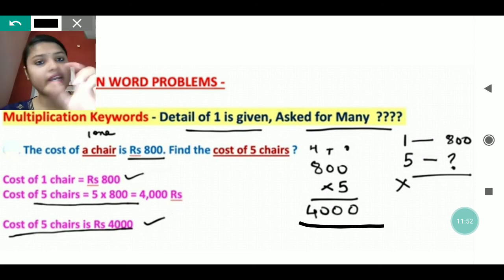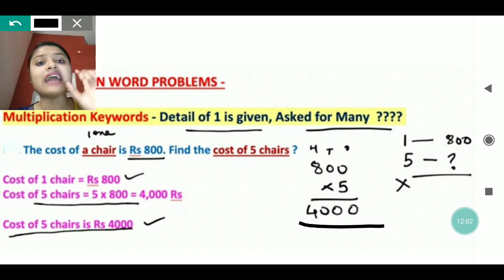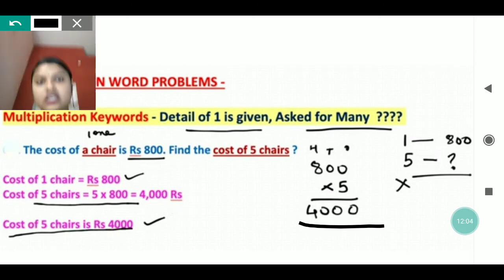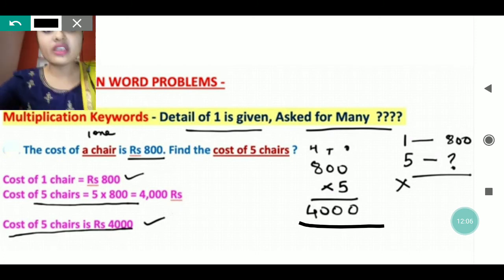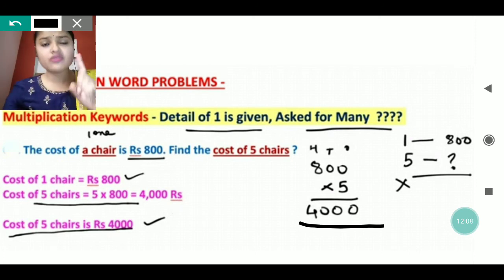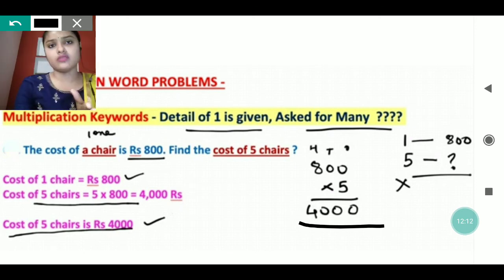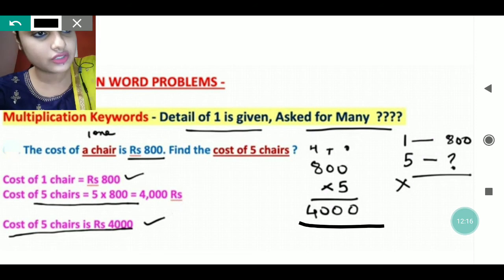What we have to calculate is a chair, and the cost of that chair is 800. How many chairs do we have to calculate here? Cost of 5 chairs. If there is one chair and its cost is 800, what is the cost of 5 such chairs? So we have calculated. Now let's move to the next question.